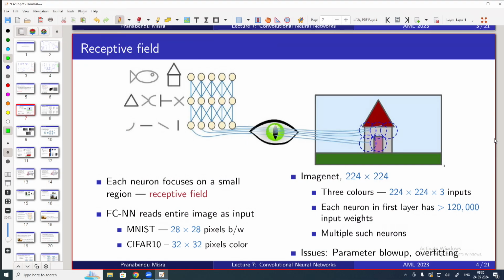So, if you look at this image for example, at least biologically this image is processed by biological neurons like this. Our eyes take in this whole image, but first they only look at locally small patches of this image, and based on these patches maybe in here we see some corner, here we see some line, here we see some other box like shape and so on.